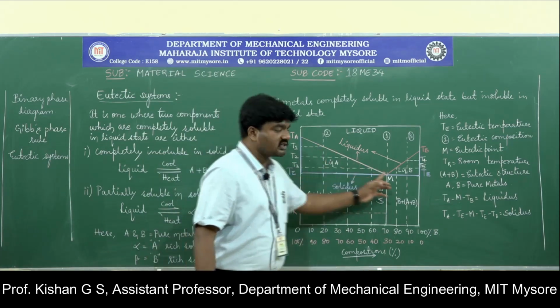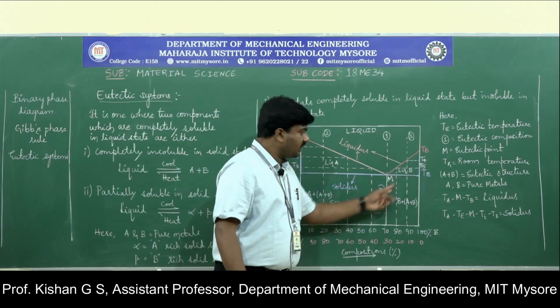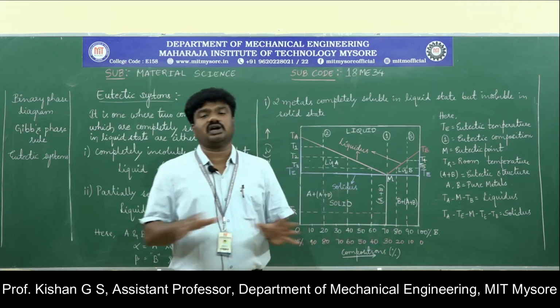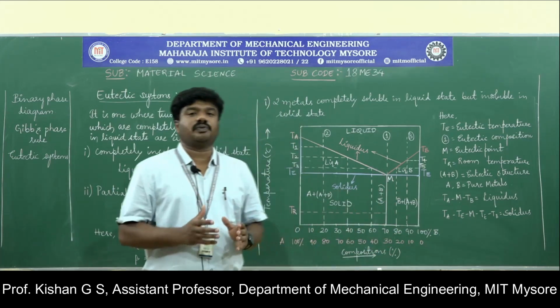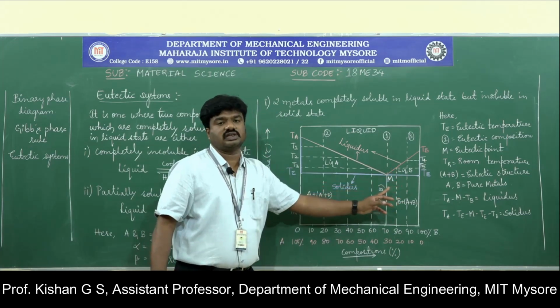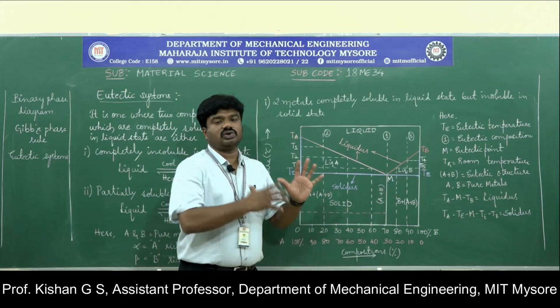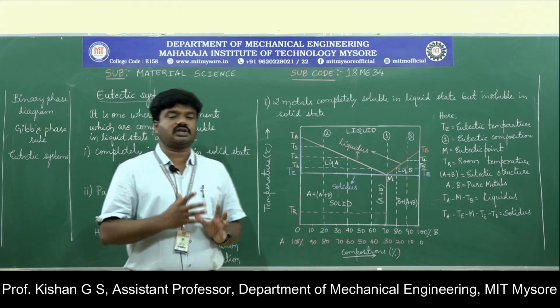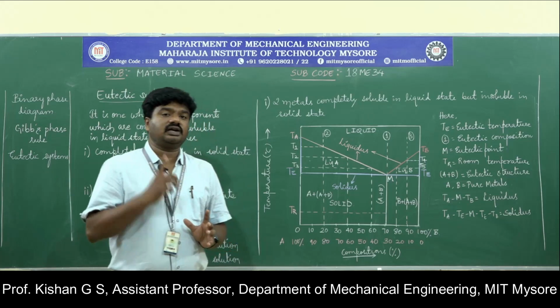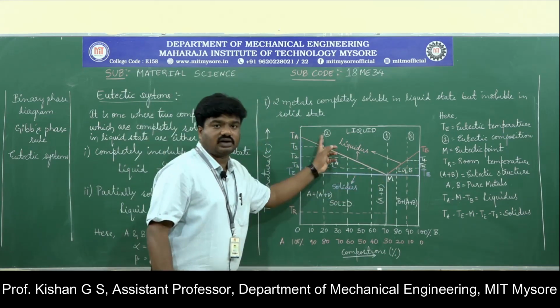When these two liquidus lines of pure metal A and pure metal B meet at a particular point, wherein the complete solidification happens, that point is considered the eutectic point, represented using the capital letter M. So this is the eutectic system of the first condition: completely soluble in liquid state, both the metals are heated to melting temperature.